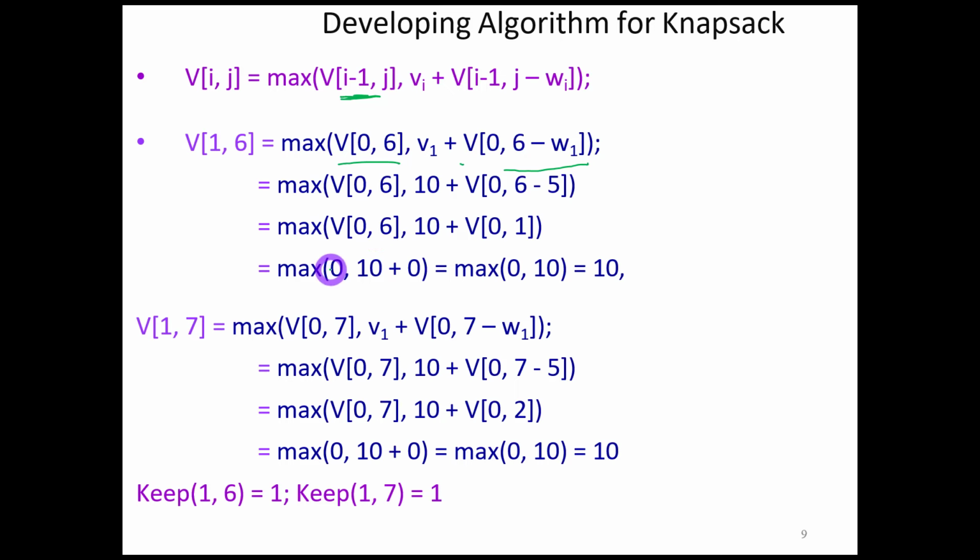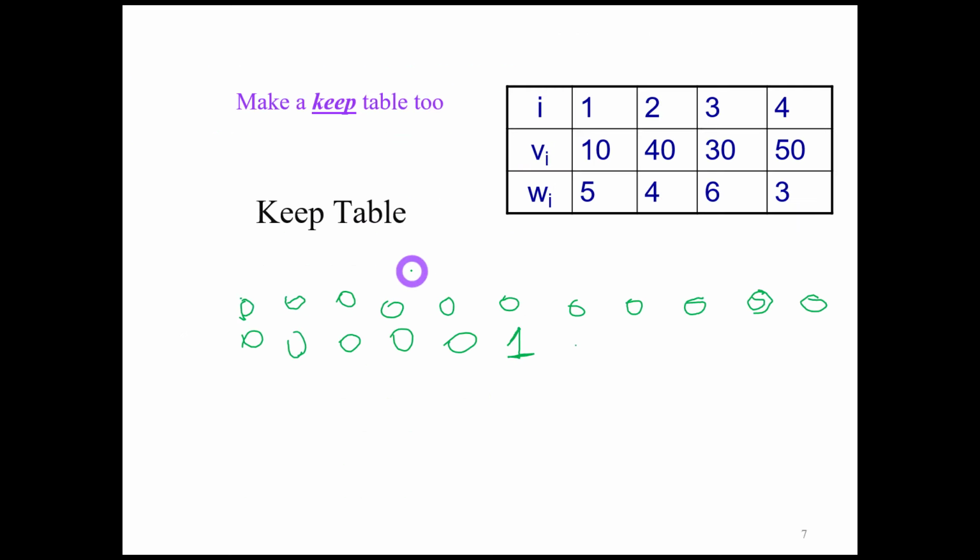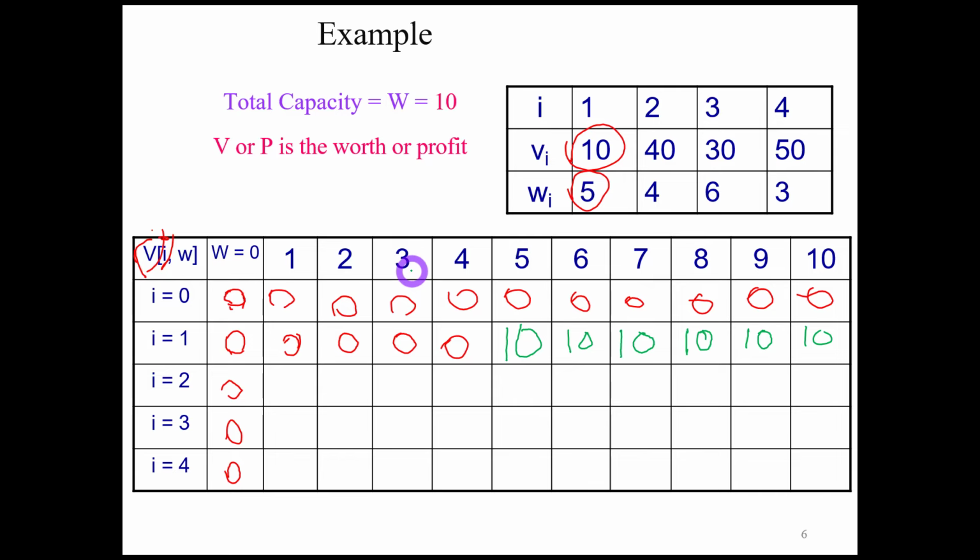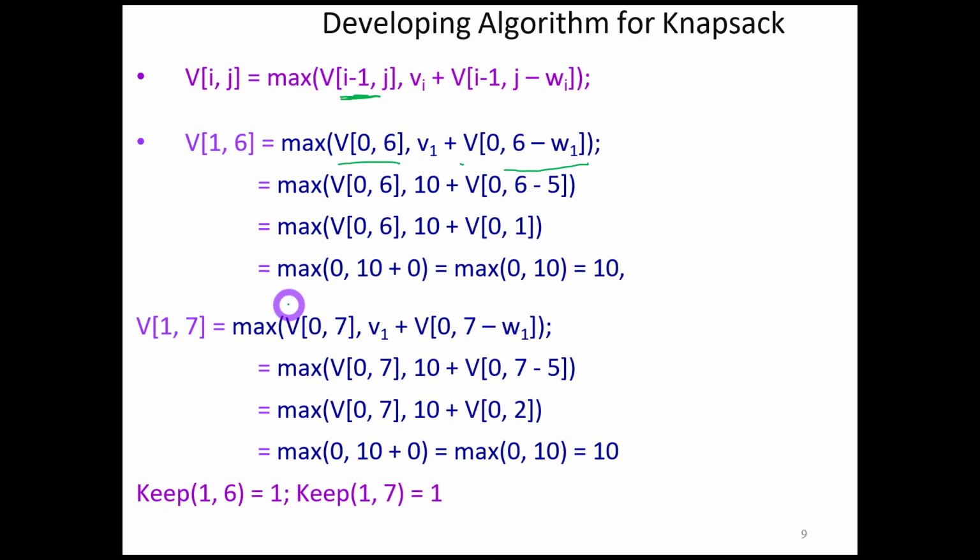Now 0, 6 is 0. You can confirm that from the table. This is the cost or the worth or the profit of the first item, and 0, 1 is also 0. Both are 0. So obviously the maximum is 10.